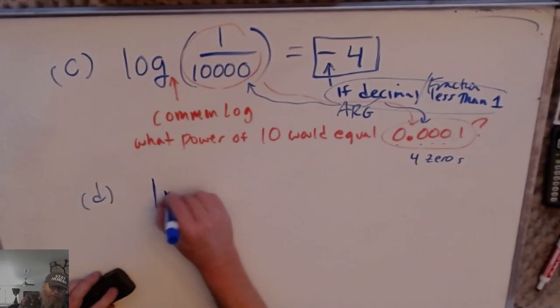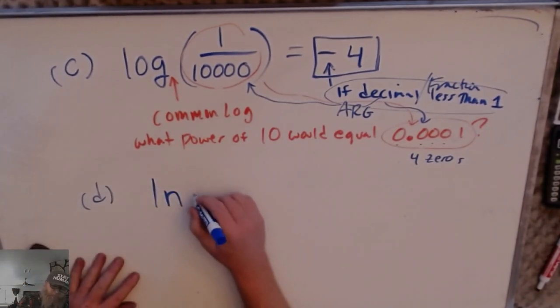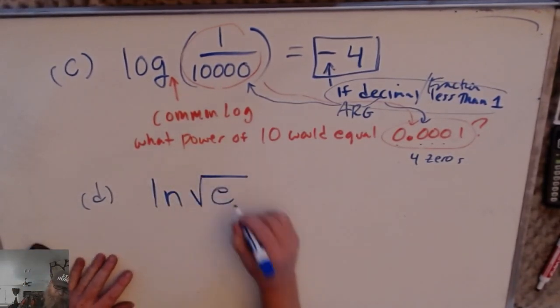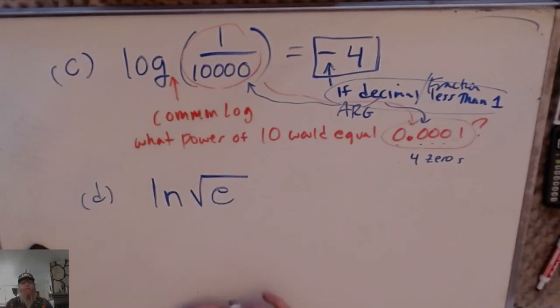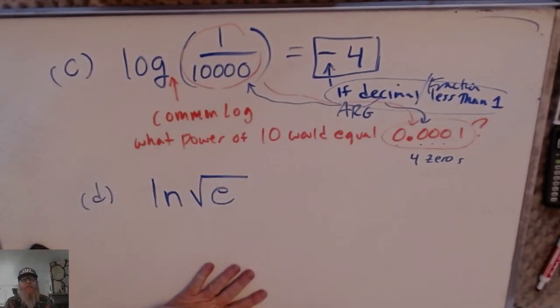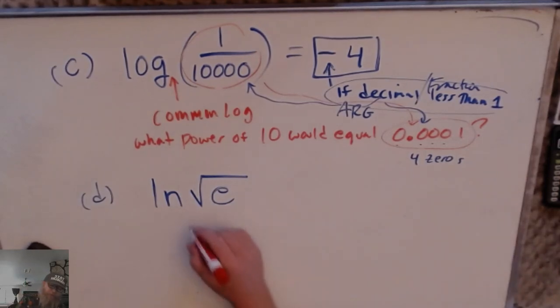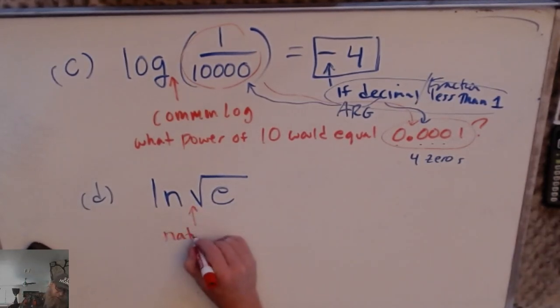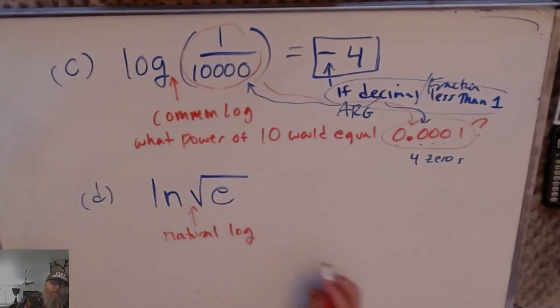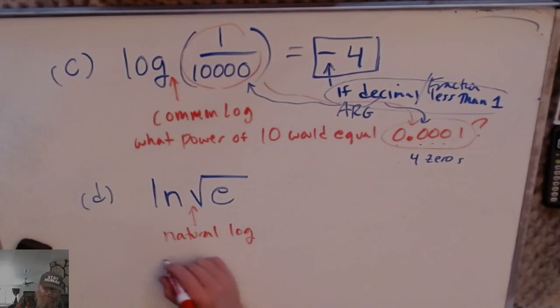Sorry, I forgot to put ln. ln of the square root of e. So again, this is the natural log. The natural log is base e.